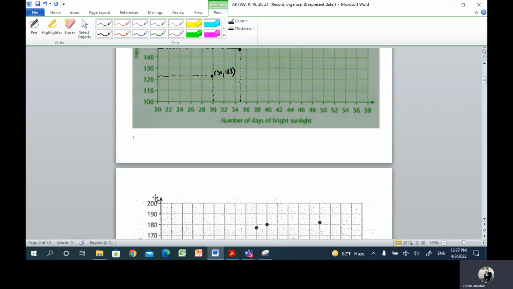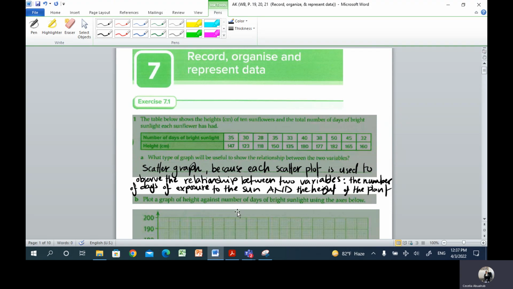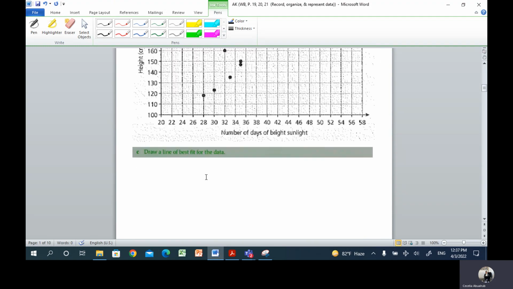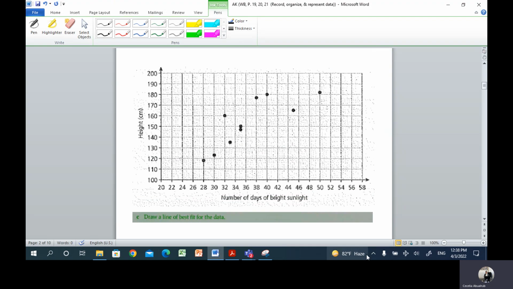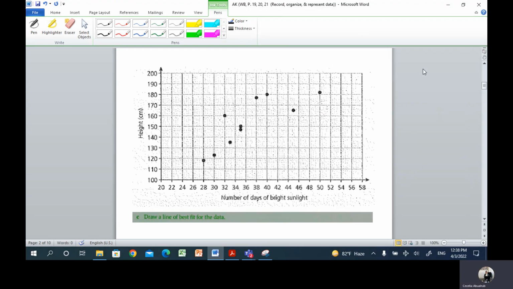And then when it comes to plotting scatter graphs, the next step is to plot each point, and after that they're going to ask you to draw a line of best fit. Let me write this.